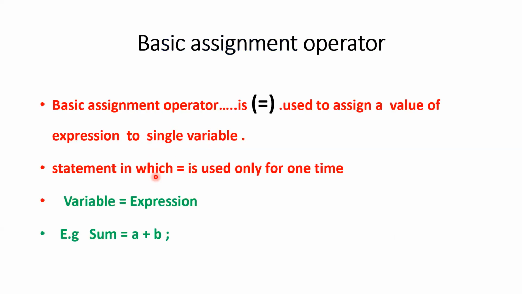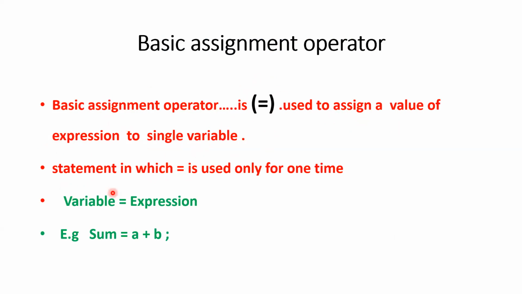The basic assignment operator is the equal to sign. Okay? It is used to assign the value of an expression to a single variable. Expressions में constants भी आ सकते हैं and variables भी आ सकते हैं. Clear? So I repeat it. The basic assignment operator is the equal to sign, used to assign the values of expressions to single variables.